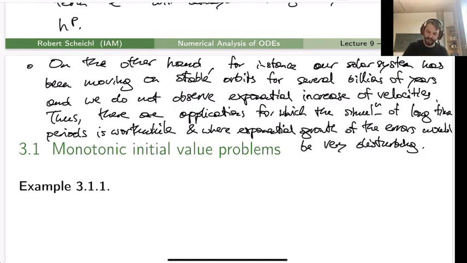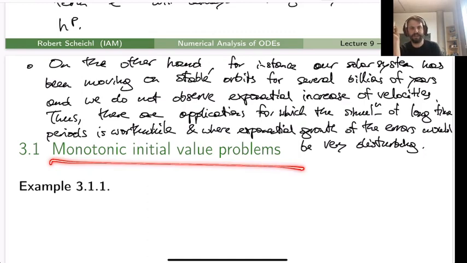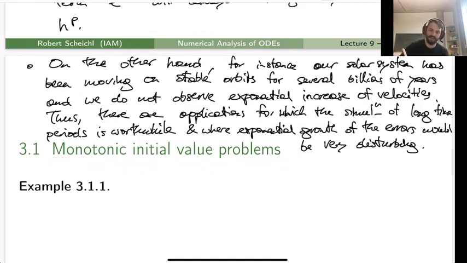So we're going to look at monotonic initial value problems. Two types of those monotonic initial value problems are those for which we expect no exponential growth, or stability of our solutions. In order to do that, we consider the simplest initial value problems we can think of, for some complex constant lambda.